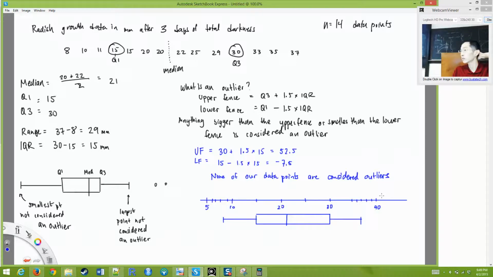Okay. What if I have a hypothetical example here, okay, where the last number was not 37, but 60. Okay?